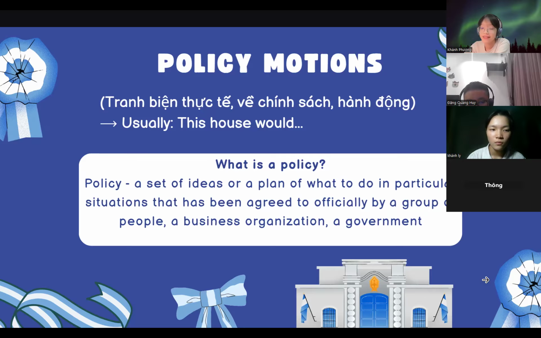Usually I would simplify policy as a rule of a government or a club that you have to follow. For example, no swearing, or you would have to say hi to everyone before coming into the club. For me, it's like that.